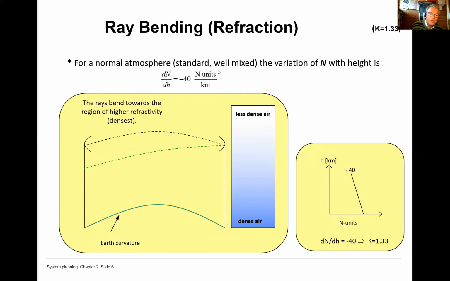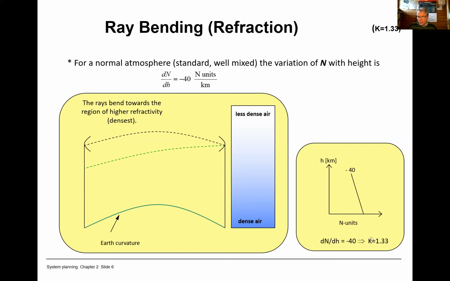For a normal, standard, well-mixed atmosphere, the dN/dh, or the variation in radio refractivity with height, is minus 40 N units per kilometer. So here you see we have dense air, we have less dense air. Typically, dN/dh drops with 40 per kilometer, and it bends towards the densest medium.